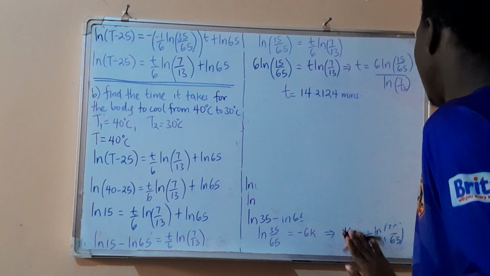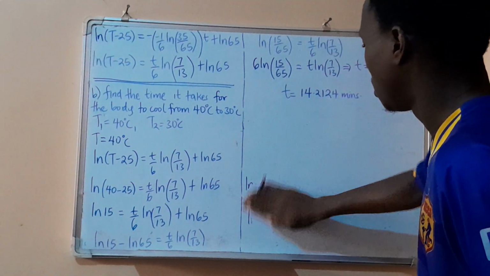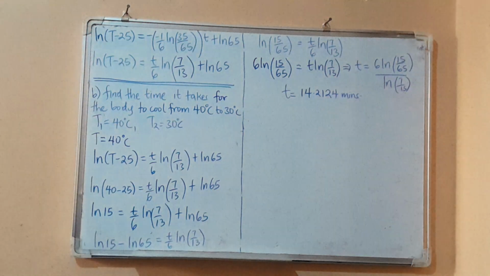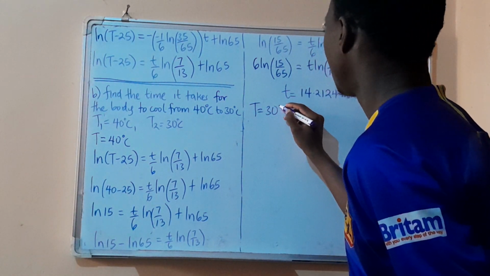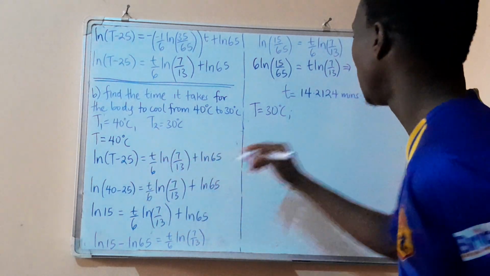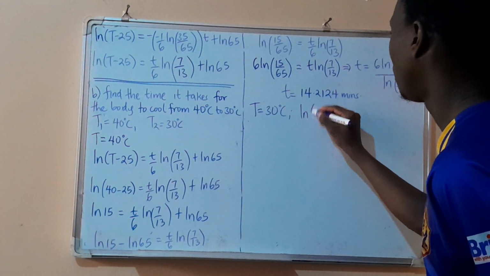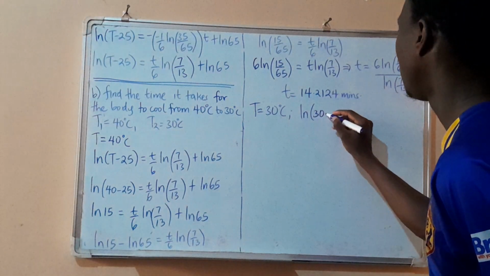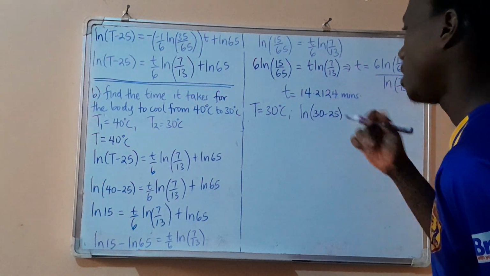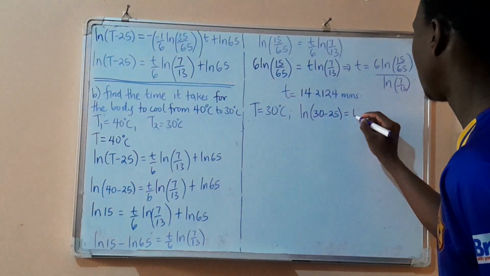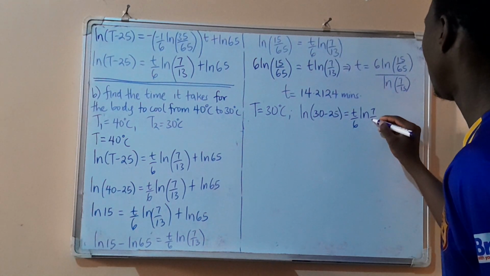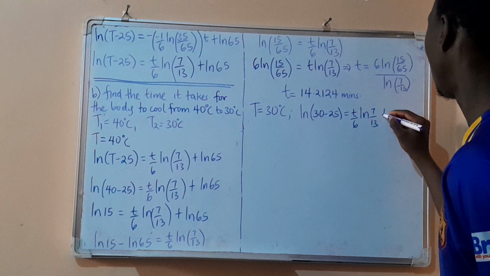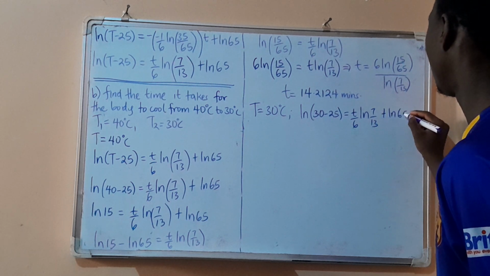T equals 30 degrees. So if T equals 30 degrees Celsius, still we shall substitute here. We shall get natural log 30 minus 25. This is equal to T over 6 log 7 over 13 plus log 65.